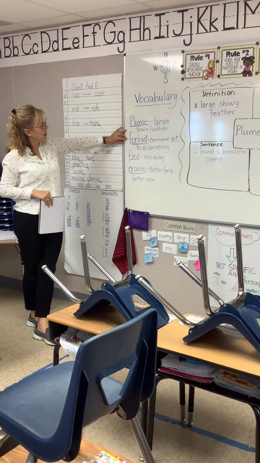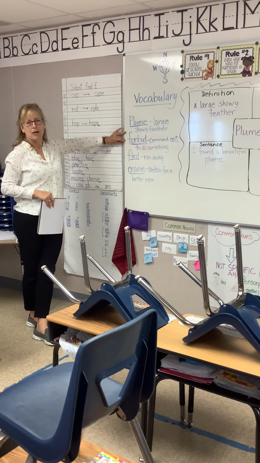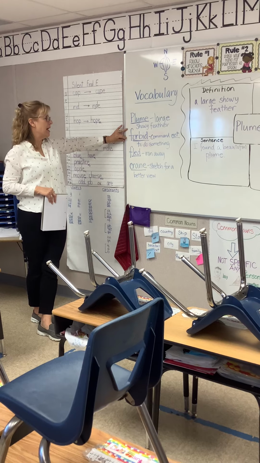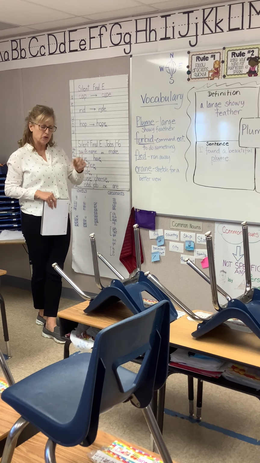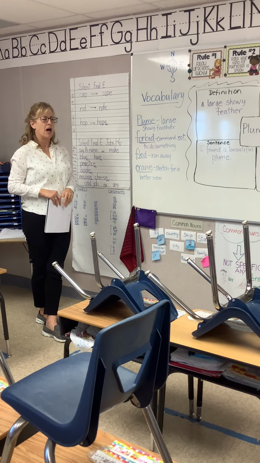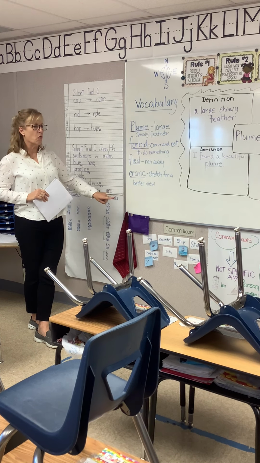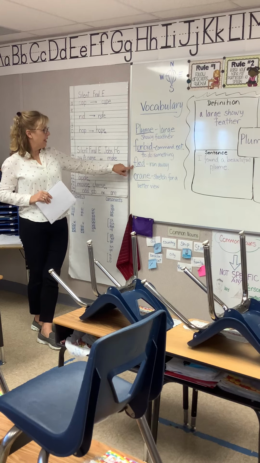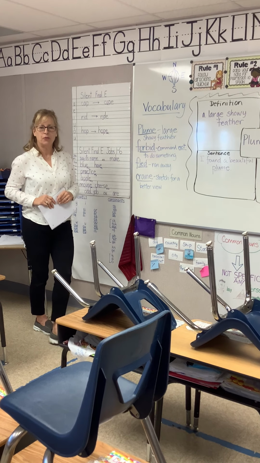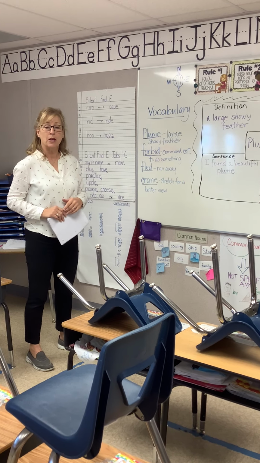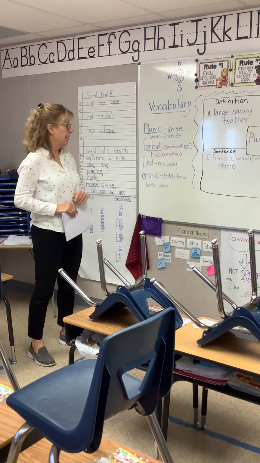The next word is forbid. Forbid means to command not to do something, to order someone not to do something. I forbid you to do this. That's saying I don't want you to do that. Next word is fled. Fled just means ran away. They ran away quickly.